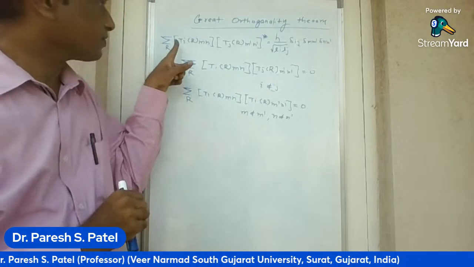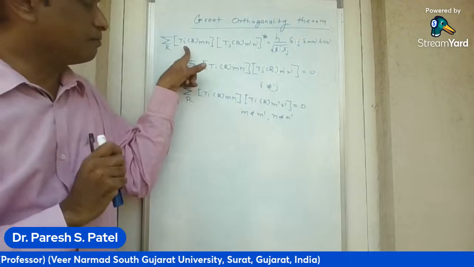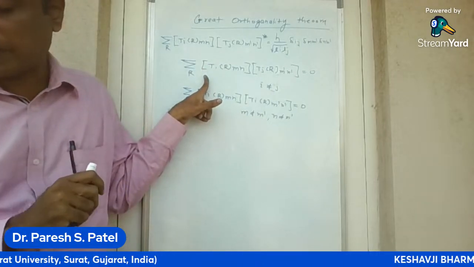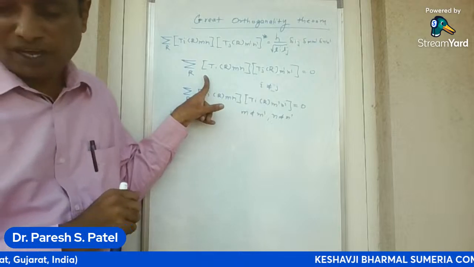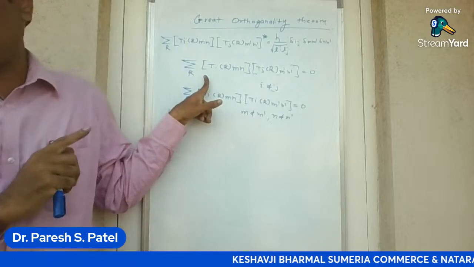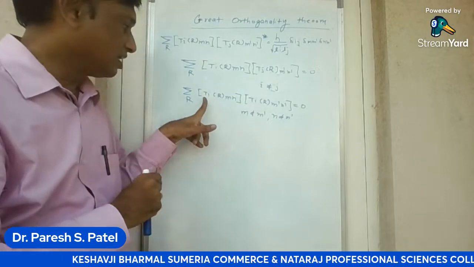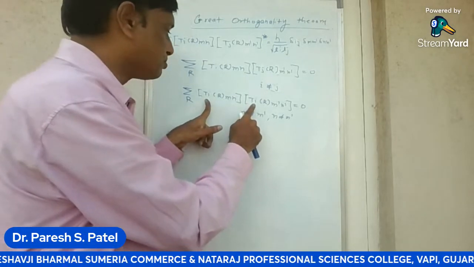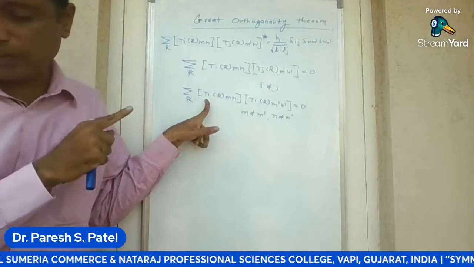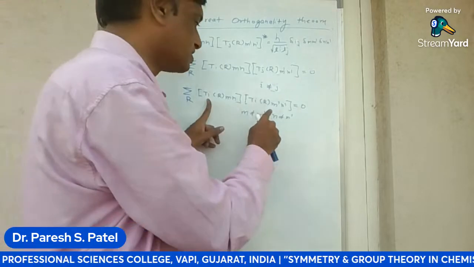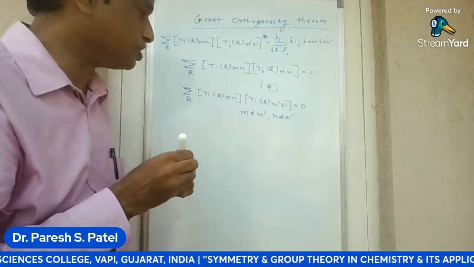So, to repeat: the first sub mathematical statement says elements of the corresponding matrices of different irreducible representations are orthogonal. Here, the irreducible representations are the same, which means elements of the different sets of the matrices of the same irreducible representation are orthogonal to each other.